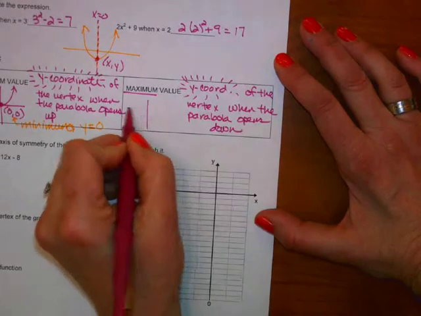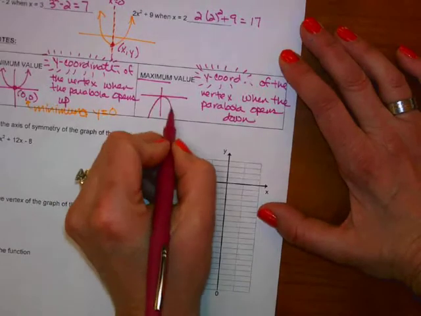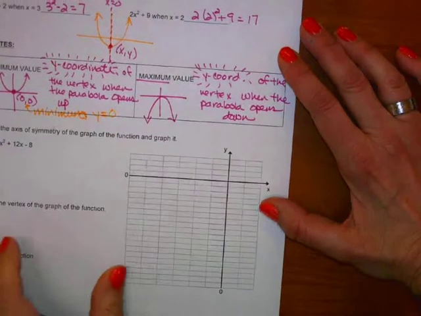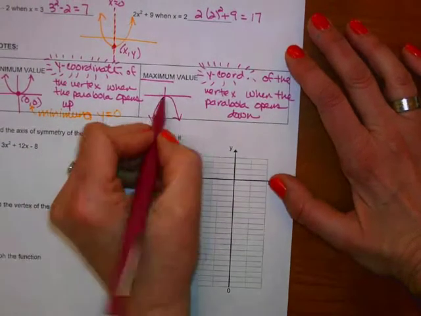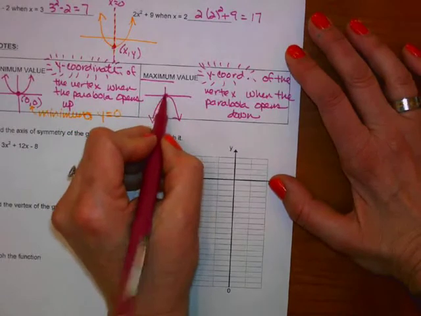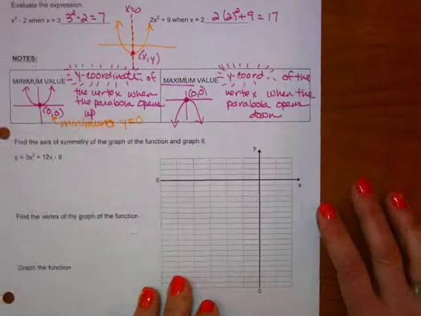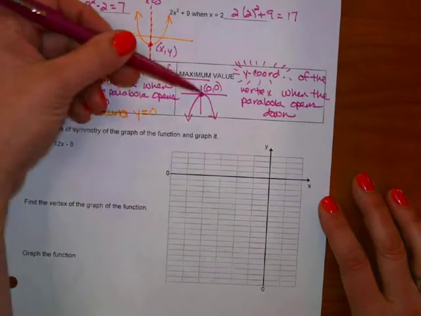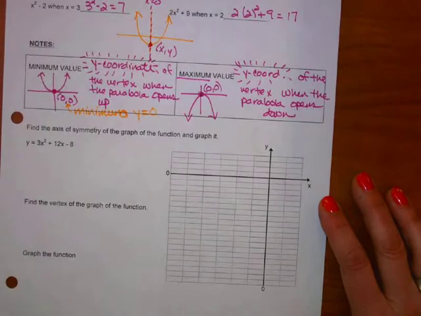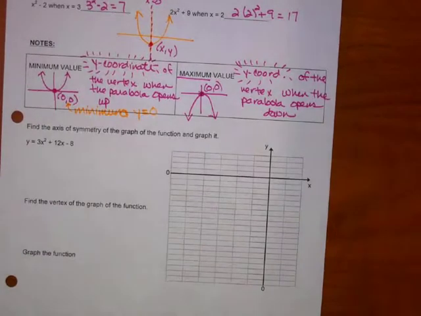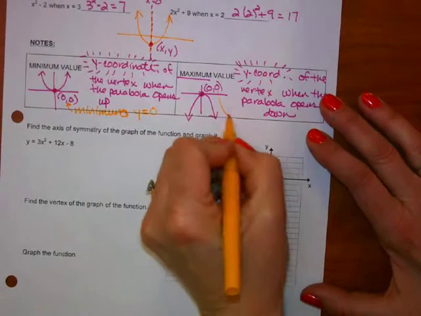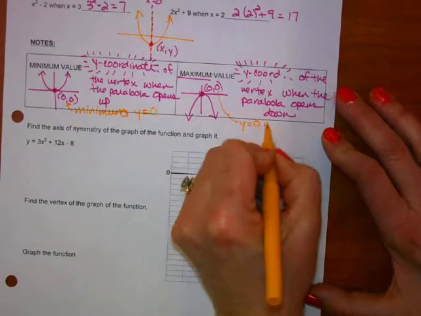So if you had this parabola here, and the vertex, let's say it's on (0, 0) here, this is called the maximum, the y-coordinate there, because it's the highest point on that parabola, isn't it? So you can remember it that way. It's the maximum, it's the highest point when it opens down. And so the y-coordinate, that is your maximum.